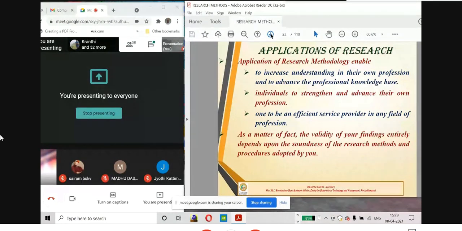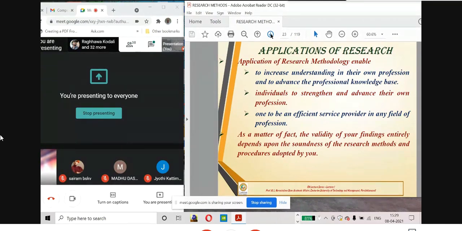The application of research methodology enables you to increase the understanding in your own profession and to advance the professional knowledge base. Then, application of research methodology will enable individuals to strengthen and advance their own profession. Application of research methodology will enable anyone to be an efficient service provider in any field of profession.